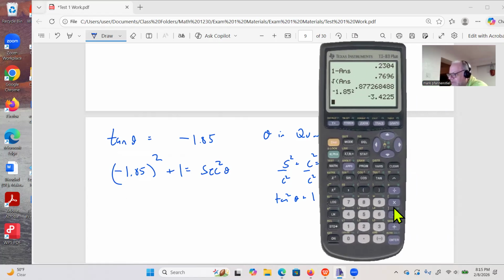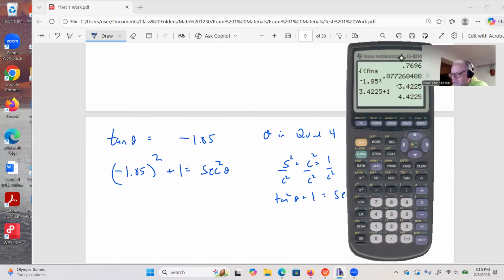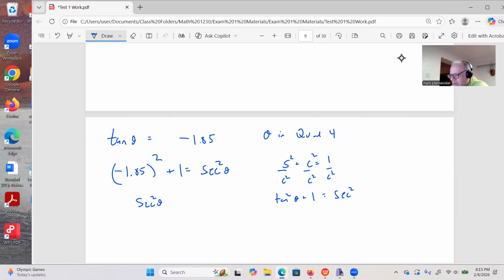I'm going to say this is 3.4225, because I know that this should be a positive number since I squared it. And we're going to add 1. All right. And we got 4.4225. So we have secant squared is equal to 4.4225. All right, what we're looking at now.